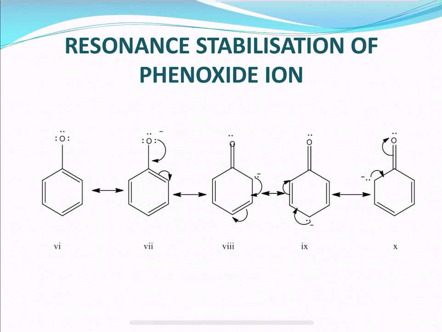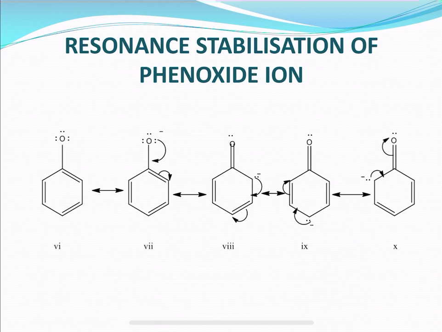This could be attributed as the reason why phenols are more acidic compared to alcohols. Phenols are acidic in nature due to the formation of stable phenoxide ions in aqueous solution.